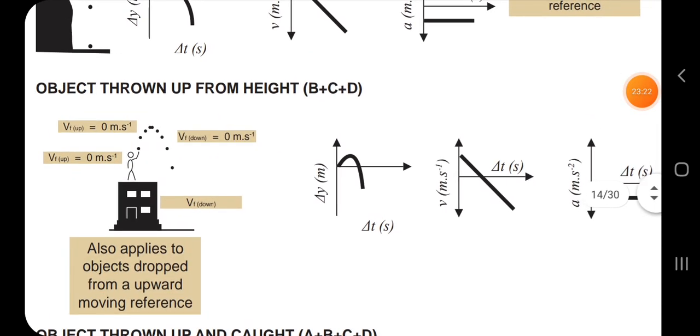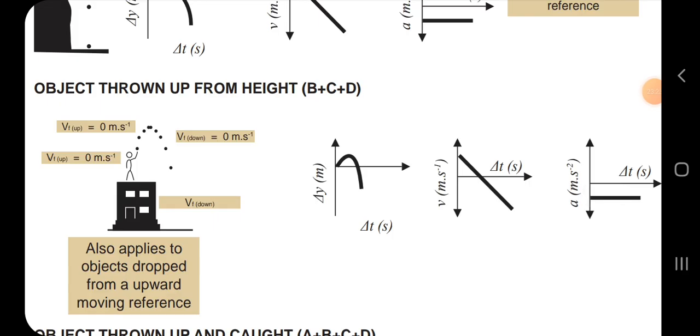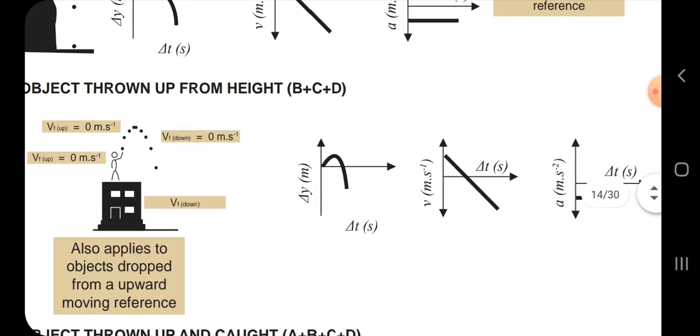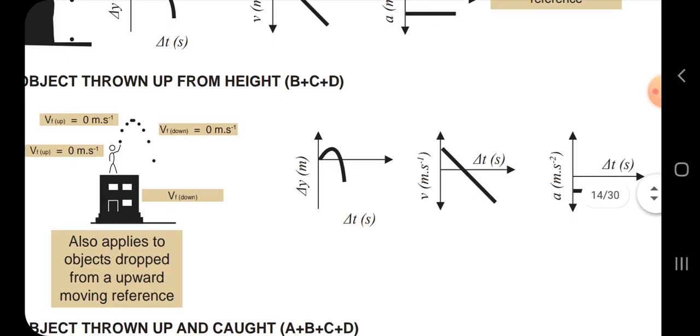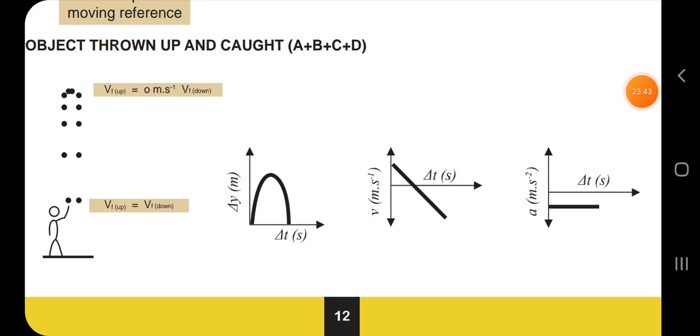And then for an object thrown up, this is how you do it. This is a position versus time graph, velocity versus time graph, and then acceleration versus time graph. So this is how the graphs will look. This is how the graphs will look if an object is thrown up and caught.